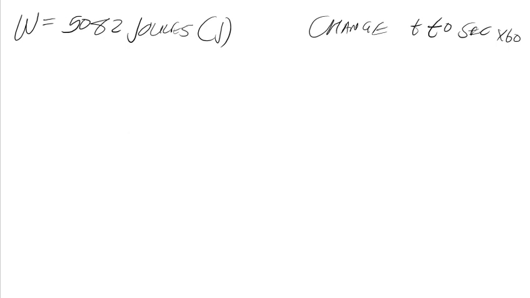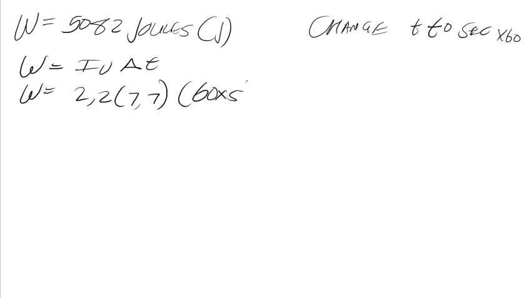So for other formulas, you can use this formula, I V change in time. So you'll have 2.2 times 7.7 times 60 times 5. You will get the same answer.